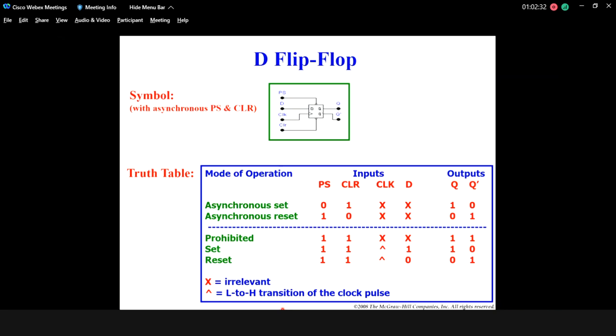That is what we call a low to high transition clock pulse.